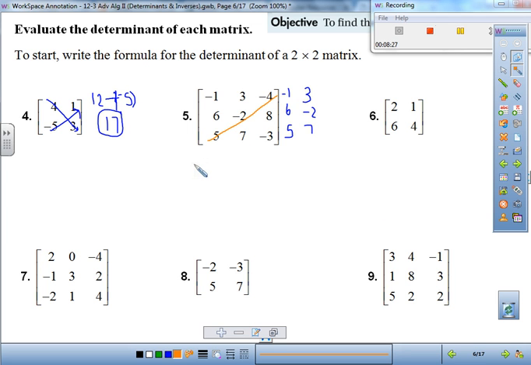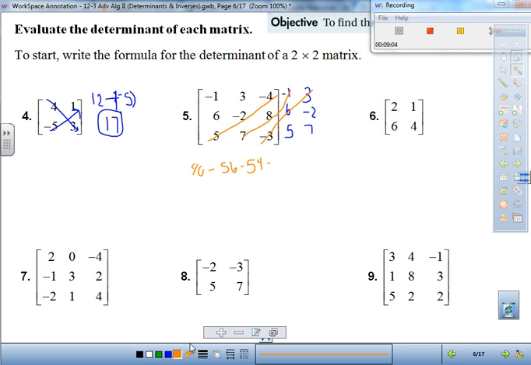So that gives me 40. All right, and then we're going to go 7 times 8 times negative 1, and we get a negative 56. And then negative 3 times 6 times 3 is negative 54.